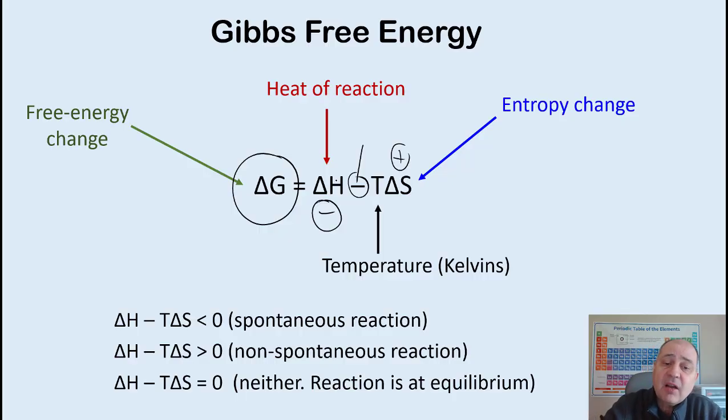Now, for the scenario of having a positive enthalpy, so an endothermic process, and a positive entropy, the temperature is not part of the equation for enthalpy, so if this is positive, we can't increase or decrease it. But if we have a positive entropy, we can amplify that term by increasing the temperature.